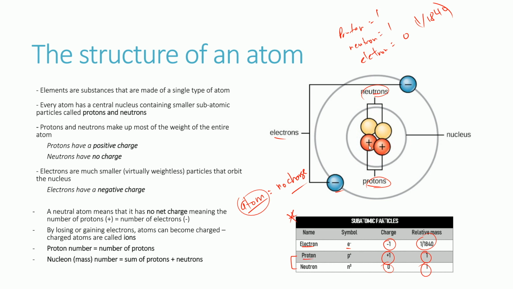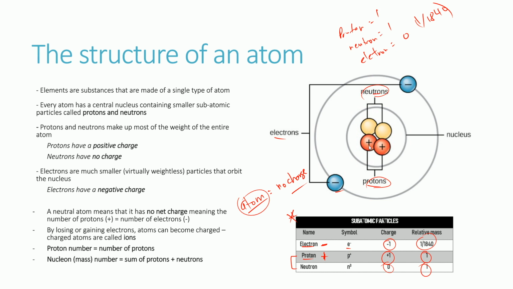Because if you had more protons than electrons, you'd have a surcharge of positive charge. If you had more electrons than protons, you'd have a surcharge of negative. Given that that's not the case in an atom, where an atom always has a completely neutral charge, then in an atom, electron number always equals proton number.